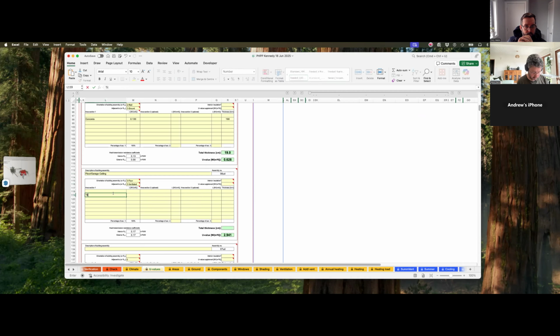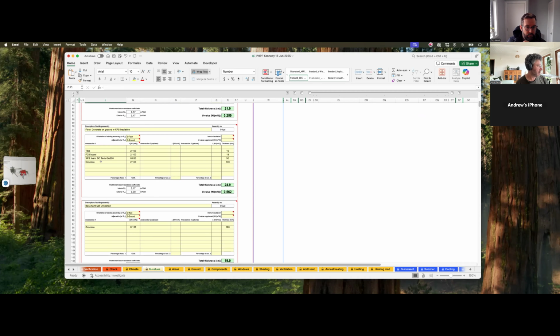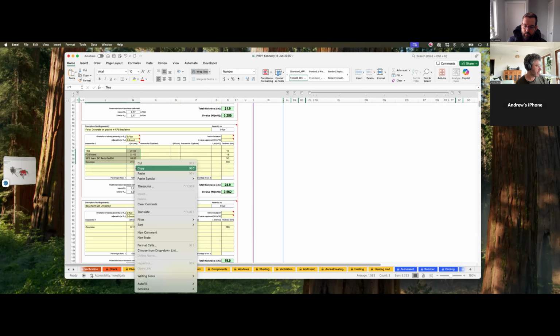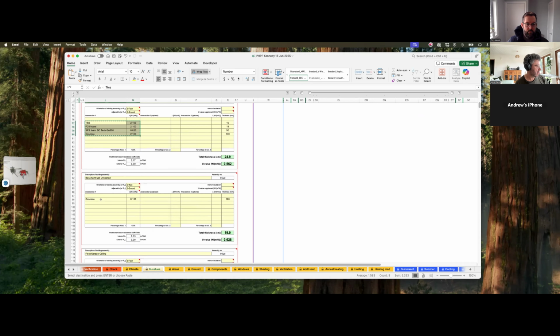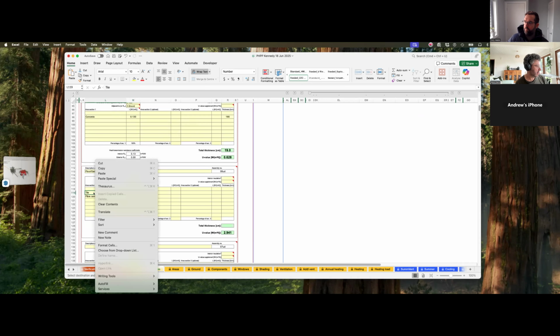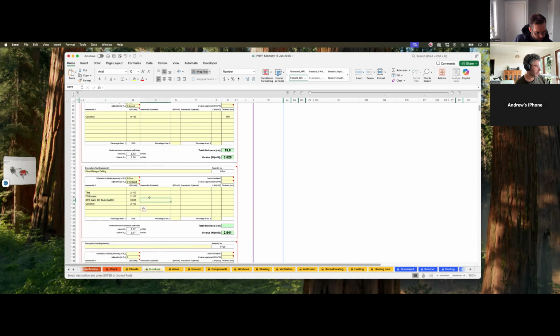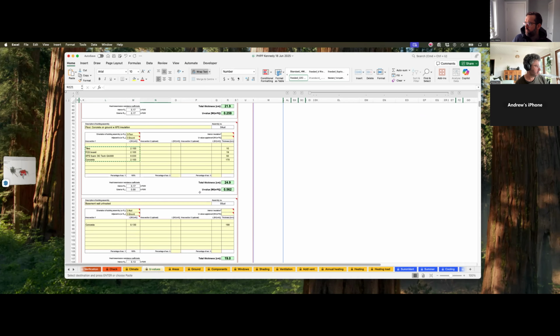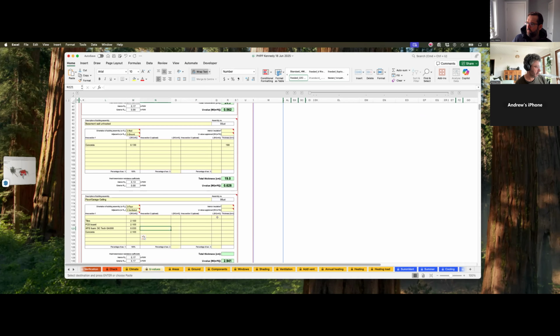So it's going to be tile, cement sheet, fiber. And 150, 130. So 200.